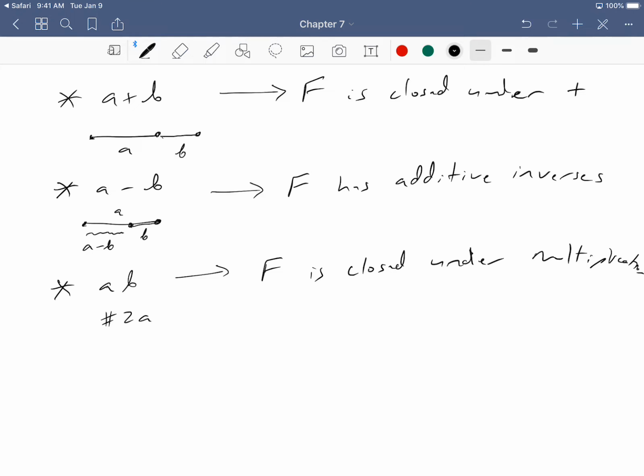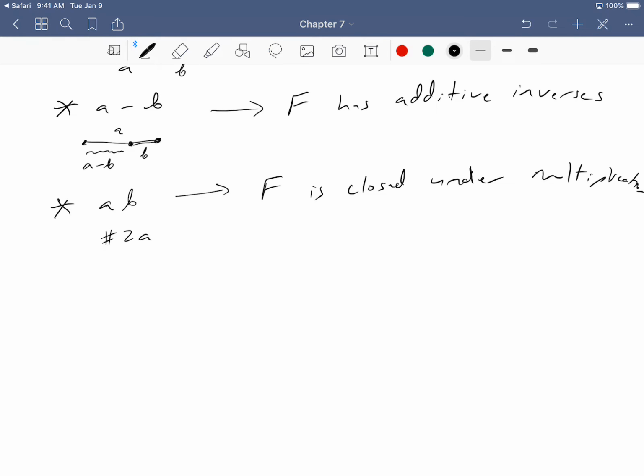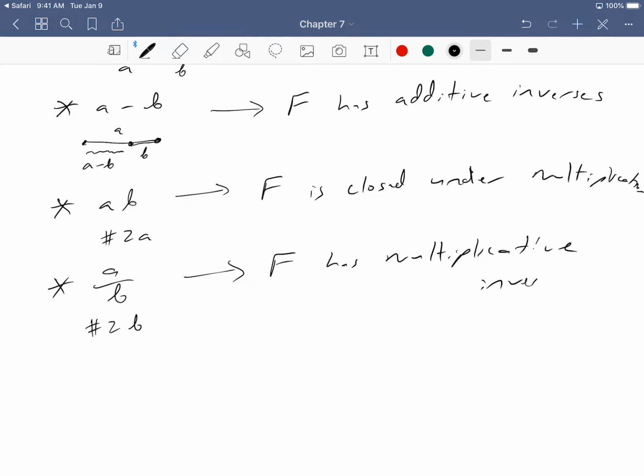That involved some operations with triangles, setting up some triangles so that one length was A times B. Another construction that you looked at showed you how to make length A over B. I think this was number 2, part B, which tells us F has multiplicative inverses.